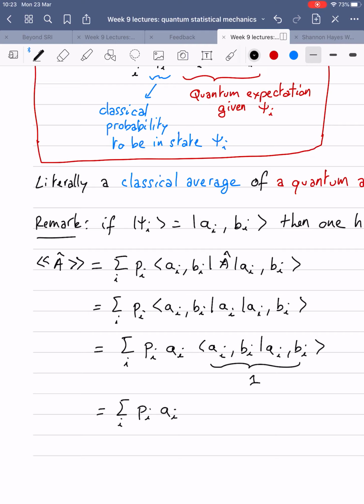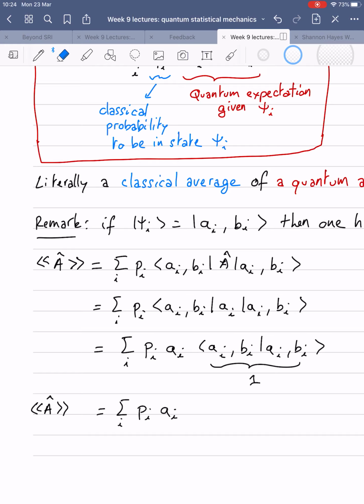Okay, so that's literally what you would expect, right? a_i is one of the possible values that is measurable, and if I'm in a given quantum state that is an eigenvector of it, then the probability of that eigenvector directly sets the average of my actual observable.